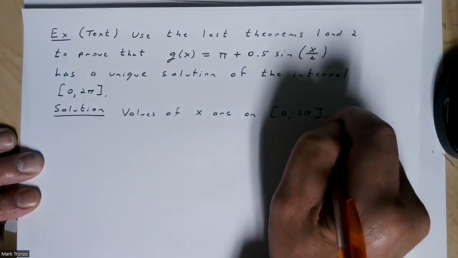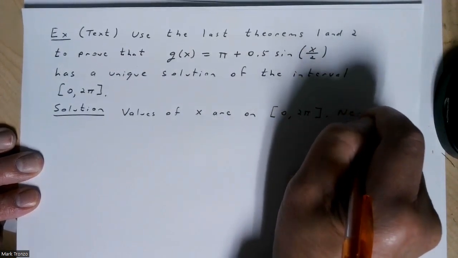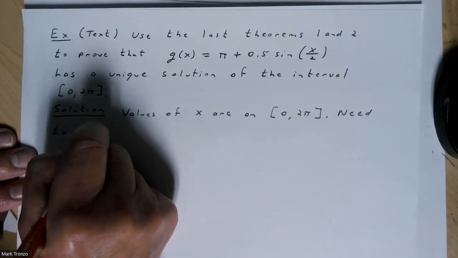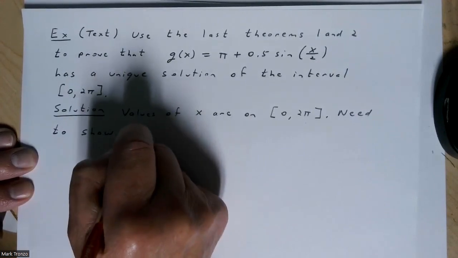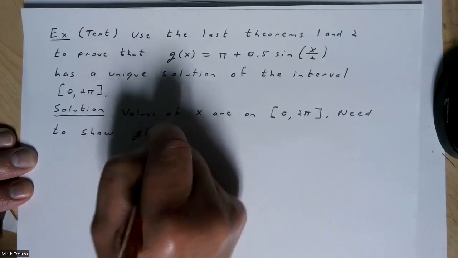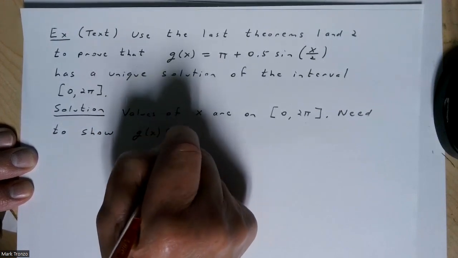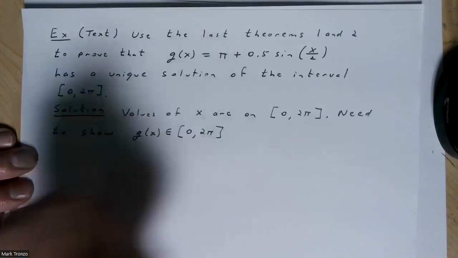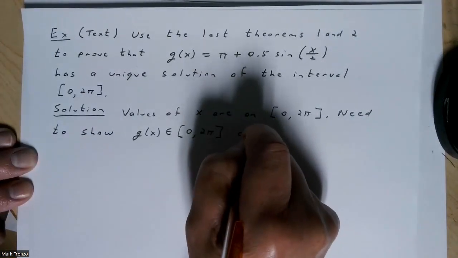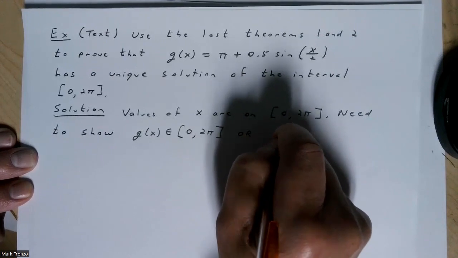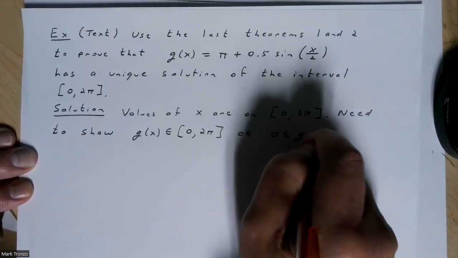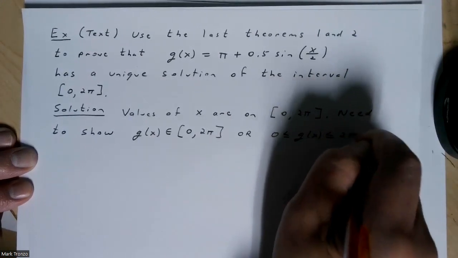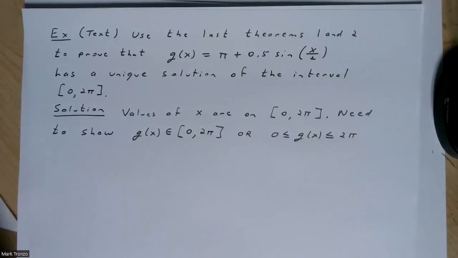So we need to show that g of x is on that same interval 0 to 2 pi. Or, another way to write this is just to say that g of x is between 0 and 2 pi.